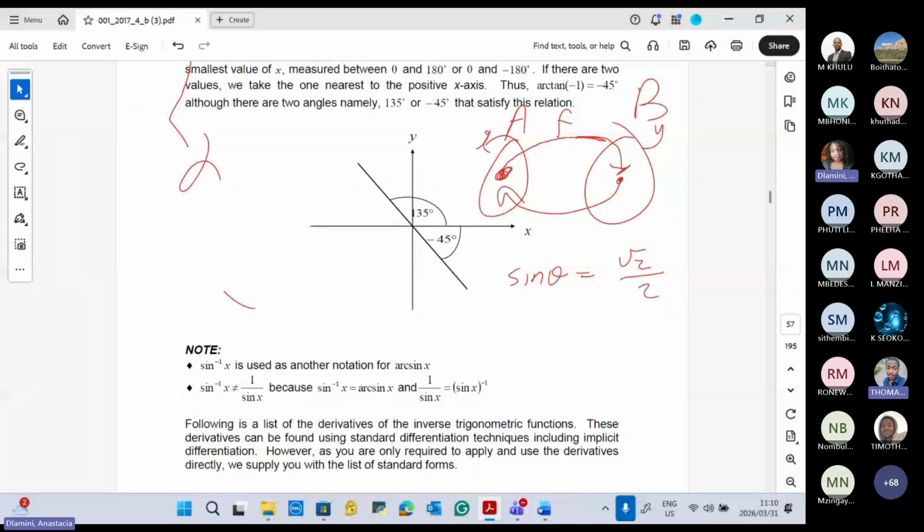By doing theta is equals to arcsine of √2/2, using the second function, and finding the value of theta, in this case theta is equals to 45 degrees. This is when you were using the relationship of inverses to find the angle theta. Is it clear? Yes or no? Yeah, it makes sense.